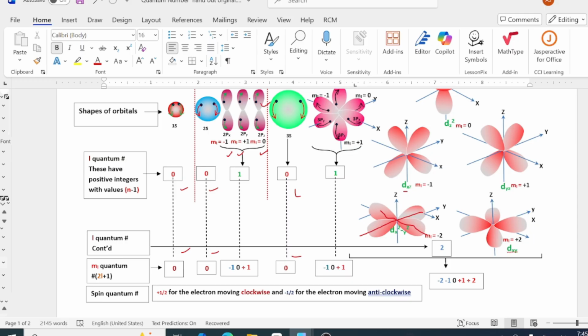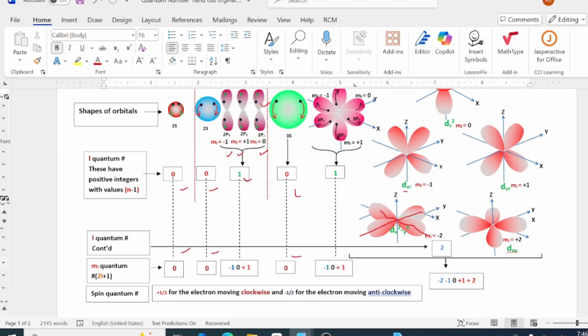First of all, it will have a principal quantum number of n equals 2 because it's in the second shell. It will have a secondary quantum number of L equals 1 to distinguish it from this s orbital here. And if we say that this one is related to this one here, it will have a magnetic quantum number ml of 0.